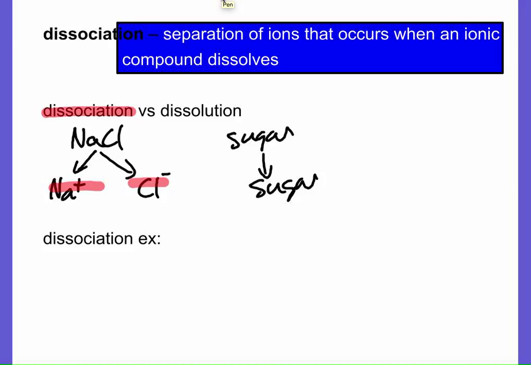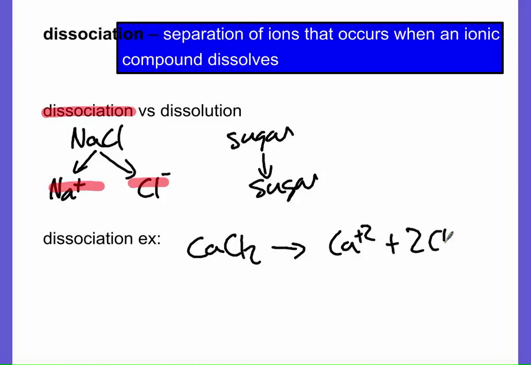One thing that we want to focus on especially is that if I have a compound like calcium chloride and it dissociates, you need to recognize that for every calcium, there are going to be 2 chloride ions. And ultimately, what we're going to talk about is how for every 1 mole of calcium chloride, there are actually 3 moles of ions formed, because separate is different than when they're combined.